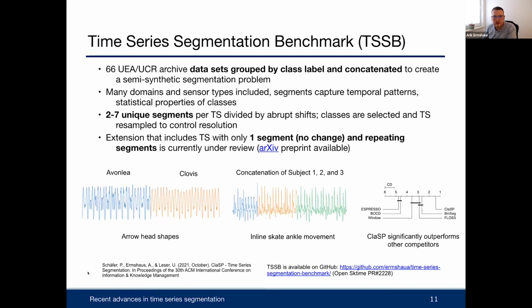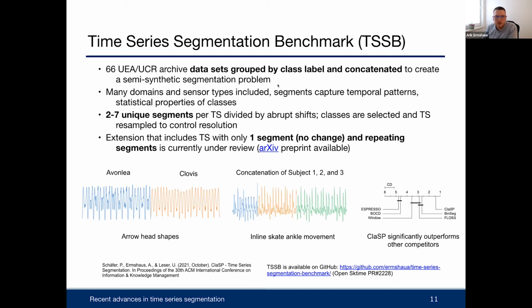And then the last benchmark I will talk about is the one that Patrick and I published with our paper, with the ClaSP paper. This is the time series segmentation benchmark. This is notably a semi-synthetic benchmark that was derived from the UEA and UCR time series classification archive maintained by Tony and his group.